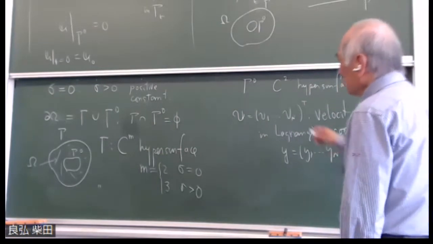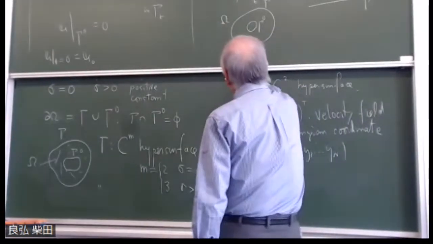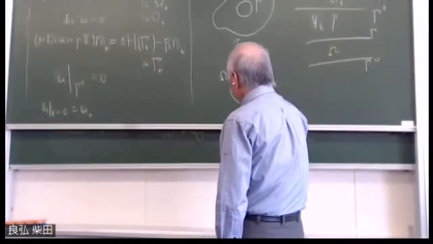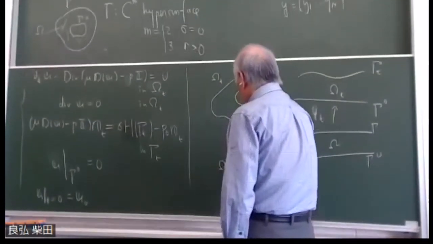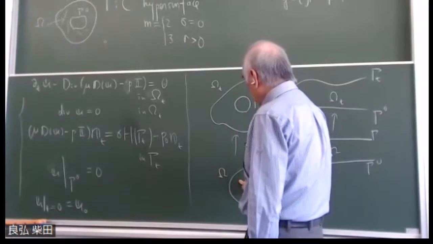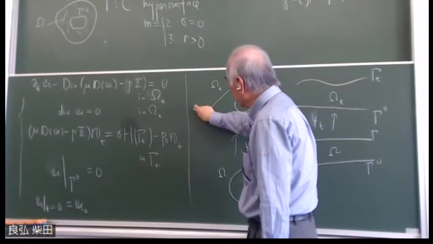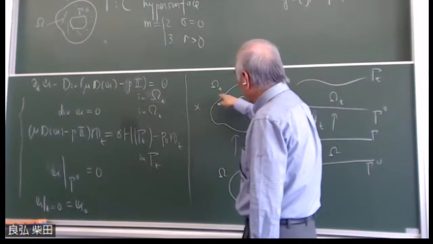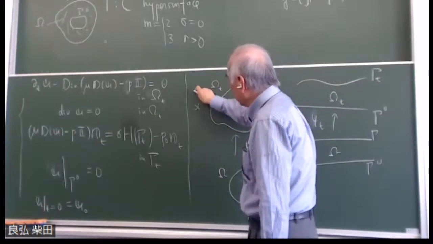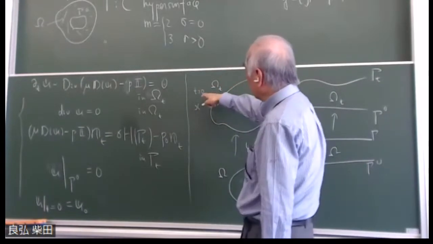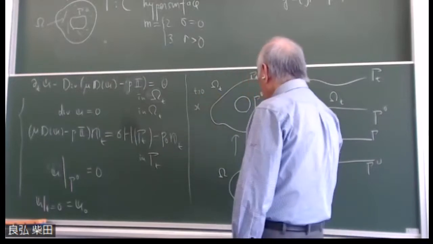I already explained that the Lagrangian coordinate is, physically, the starting point of the flow. And here we look at the flow at time t.